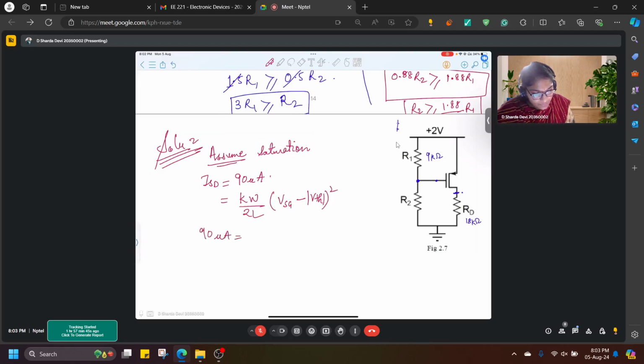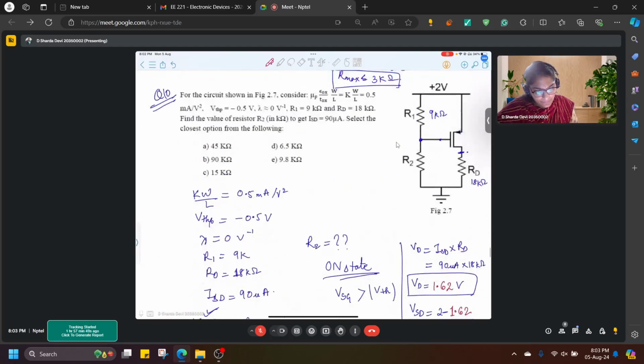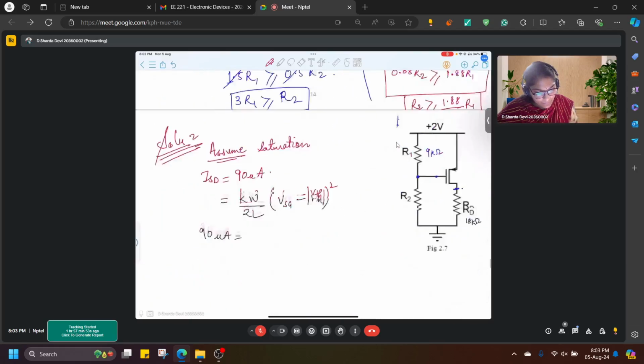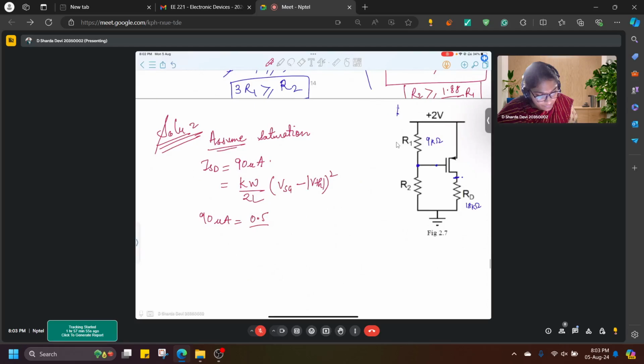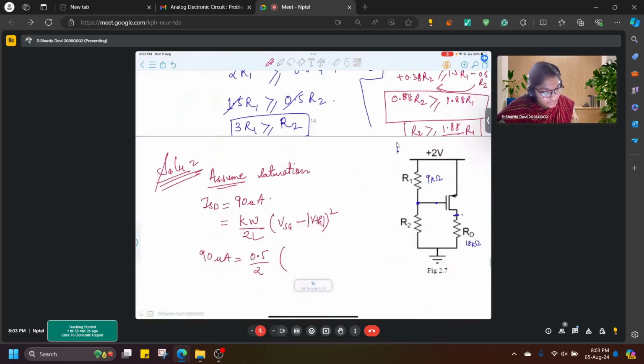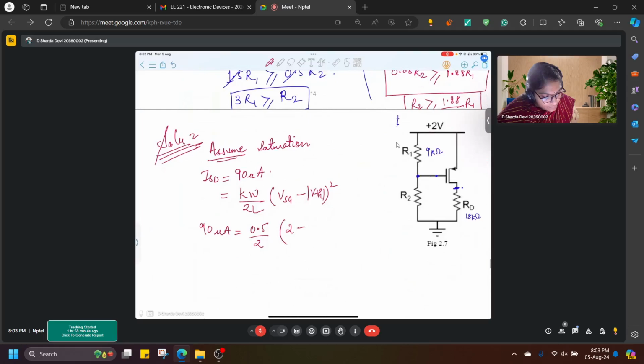So 90 micro is 0.552, and VSG is VG minus VS, minus 0.5.